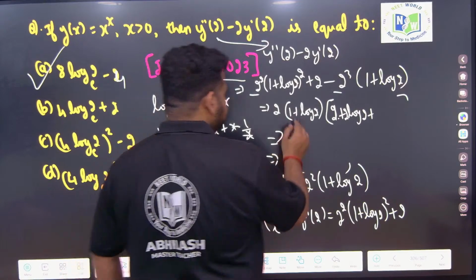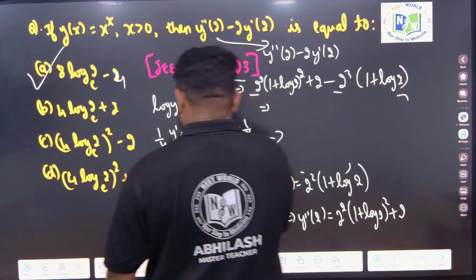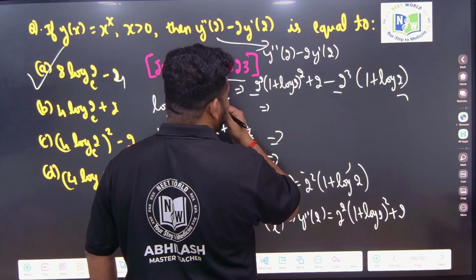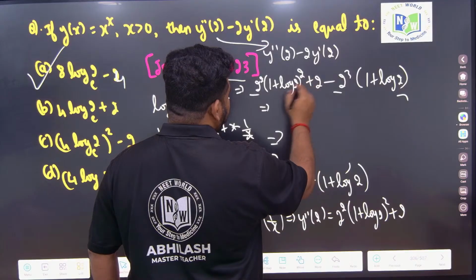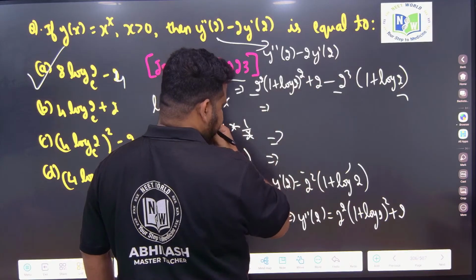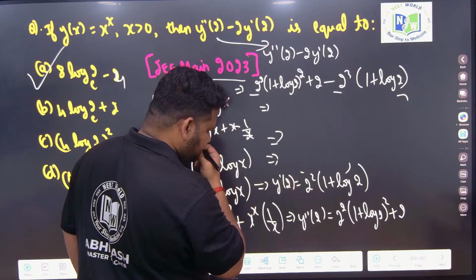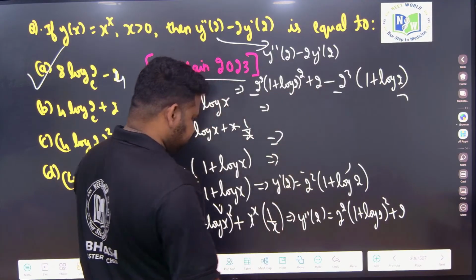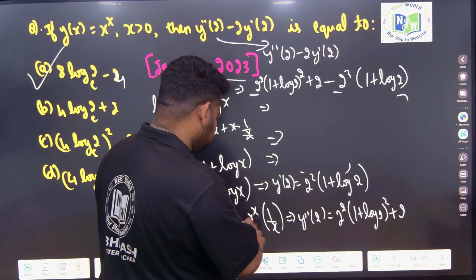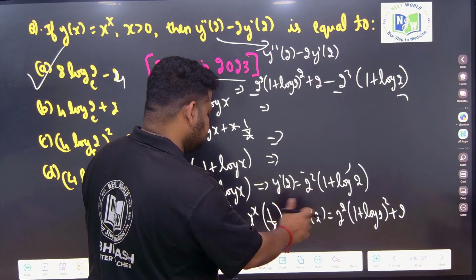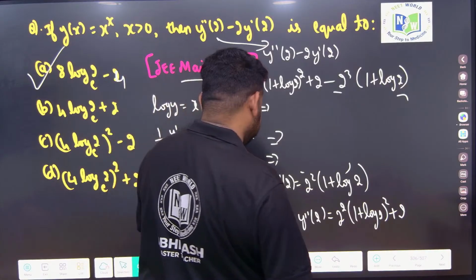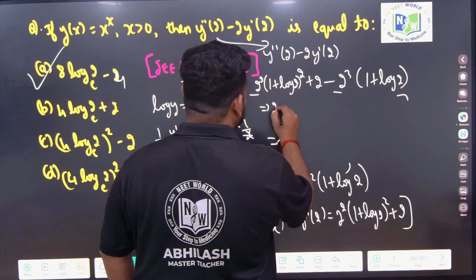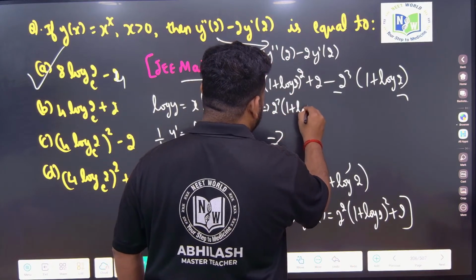Observe carefully. Or let me multiply this. Let me take only 1 plus log 2, or 2 square is there, and this 2 is there. 2 square, if I multiply with this 2 square, okay, 2 square only I can take outside. 2 square into (1 plus log 2).